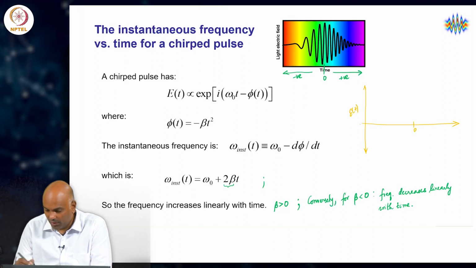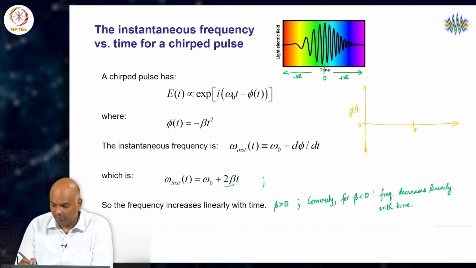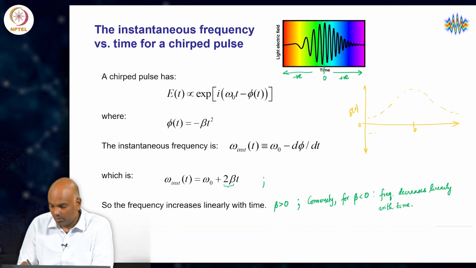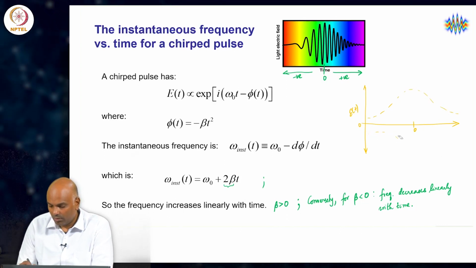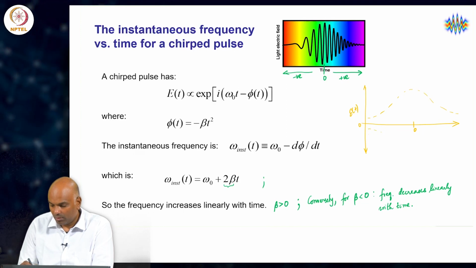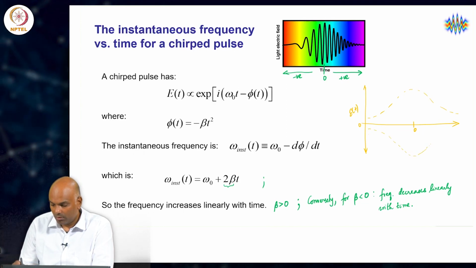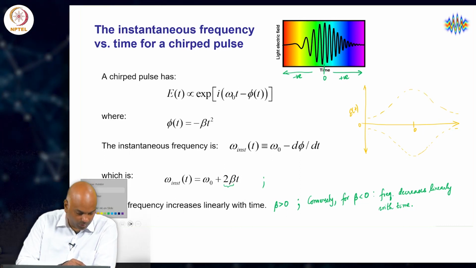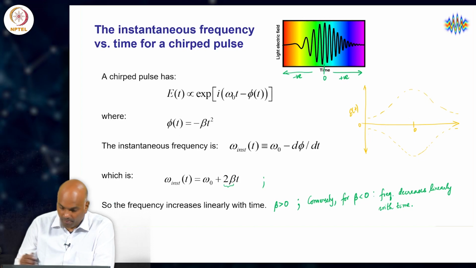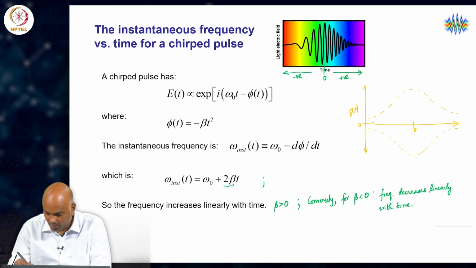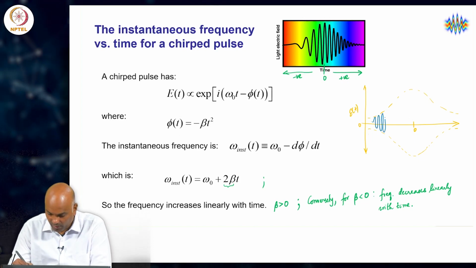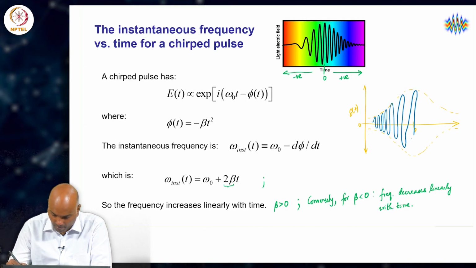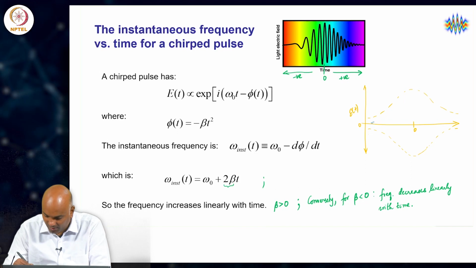The 0 of the time axis is here and 0 of the electric field axis is here. For the case of beta being less than 0, we would have had, I am losing it.